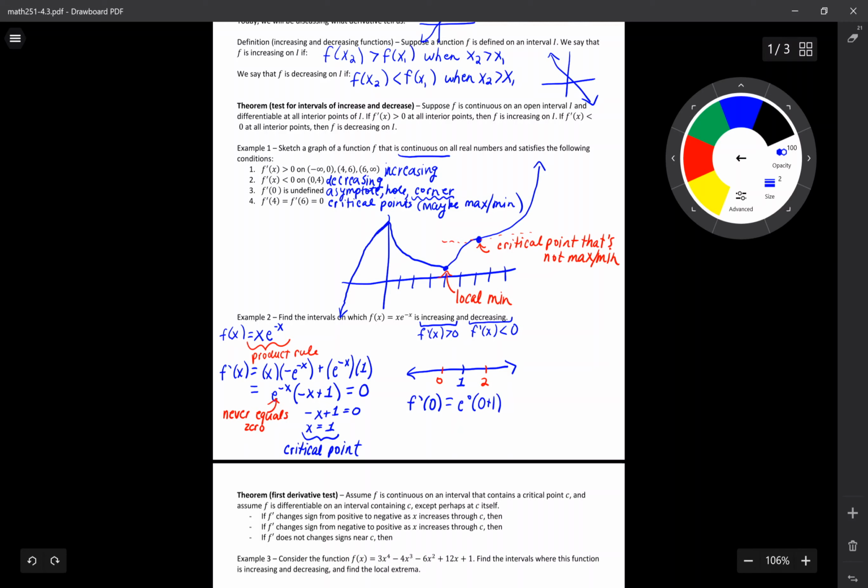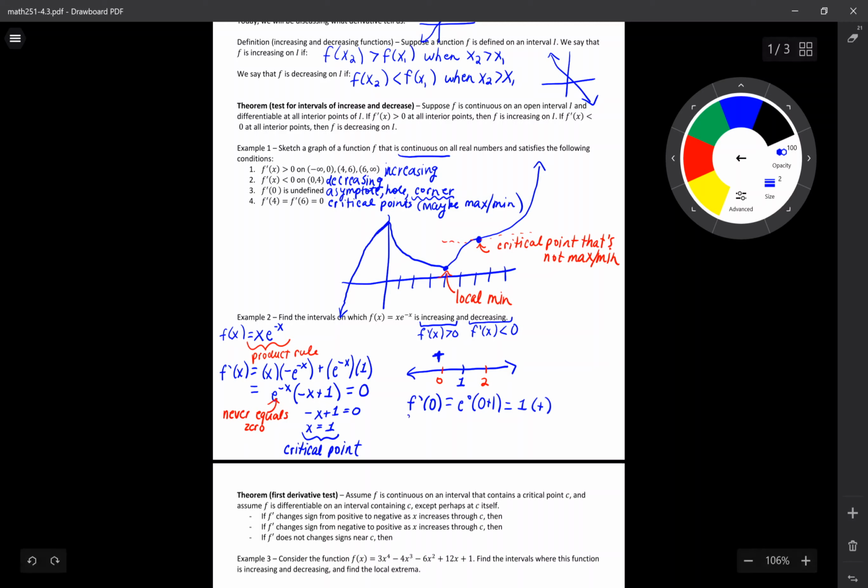And this is just equal to 1, which is a positive number. So this shows that at the point 0, my derivative is positive. So I'm going to write a positive sign here. Remember, that tells me that I am increasing here.